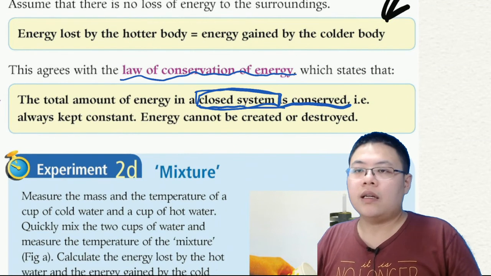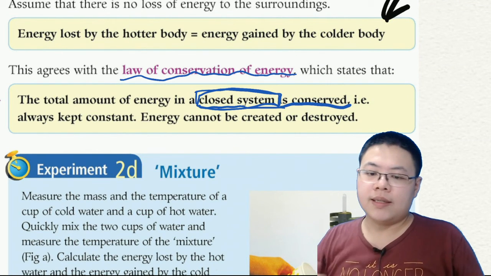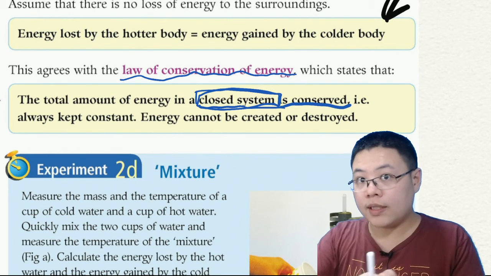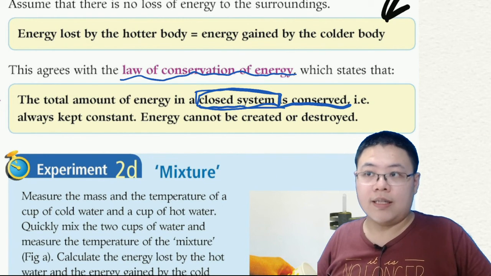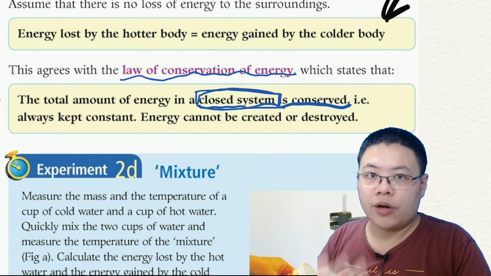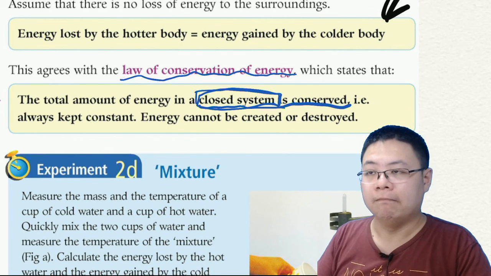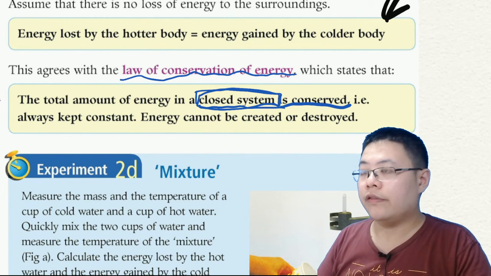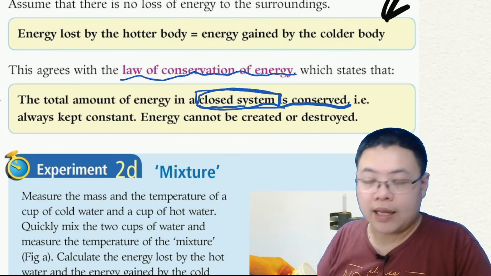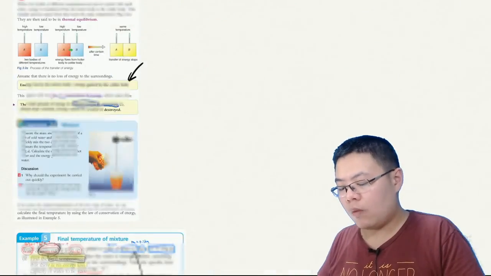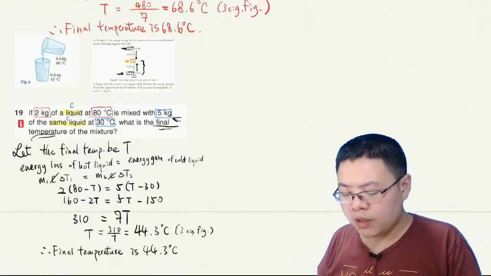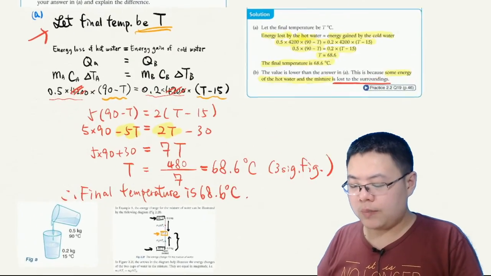When it involves other apparatus and the environment, there is heat exchange between your system and outside of the system. It is no longer a closed system. So the law of conservation of energy cannot fully apply here. That is why. Okay? If you have any questions, you can ask me.